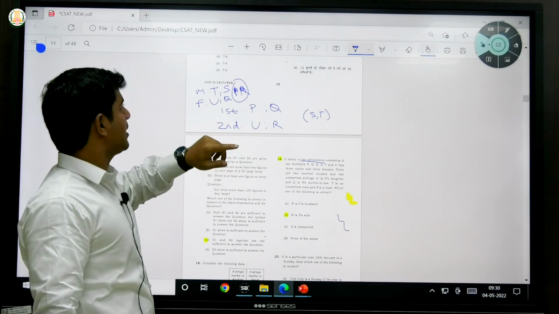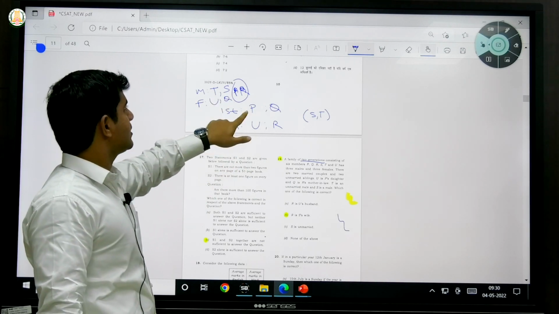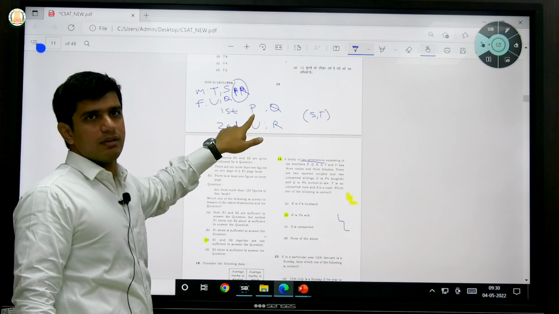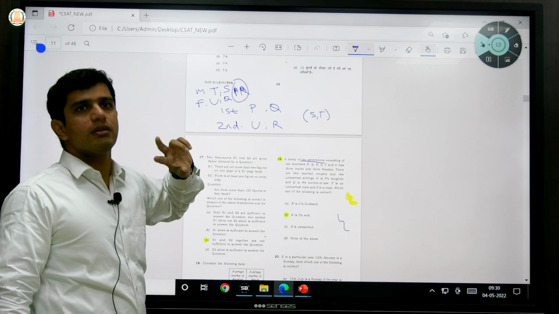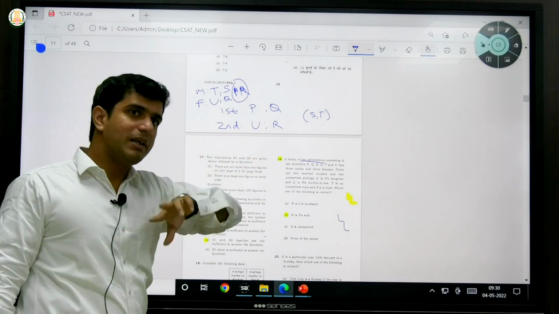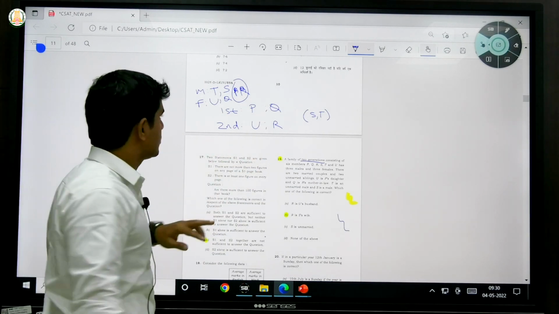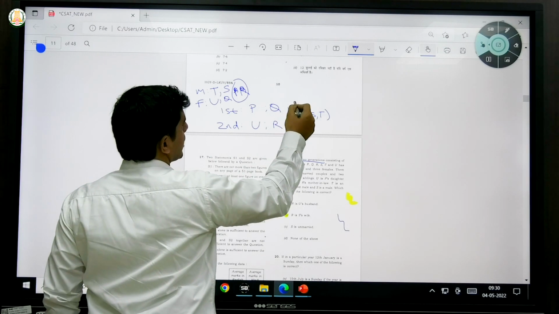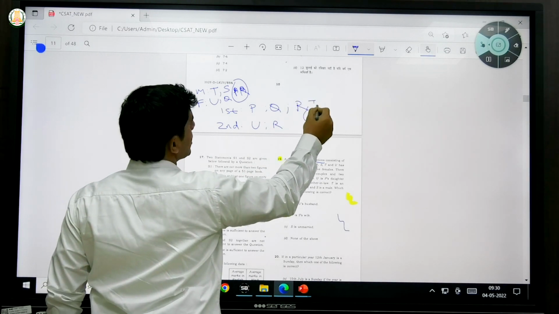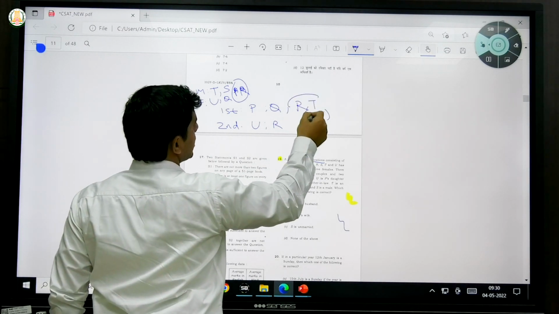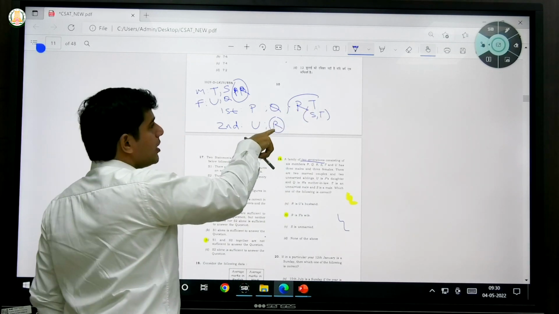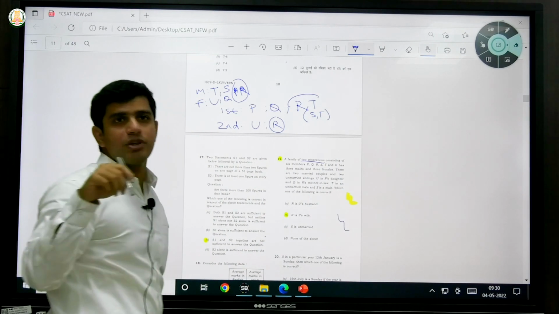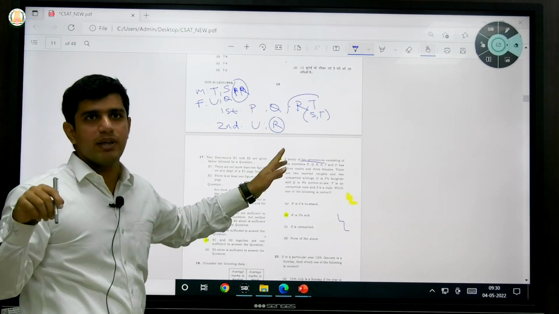There must be some female sibling of his. But you know P is a first generation person. So my hunch is R should be a female sibling. So R and T can be here also. Sorry, R is here. R is already here. So see, even I am not sure of the answer. I'm just working through it, but I am not sure of the answer.